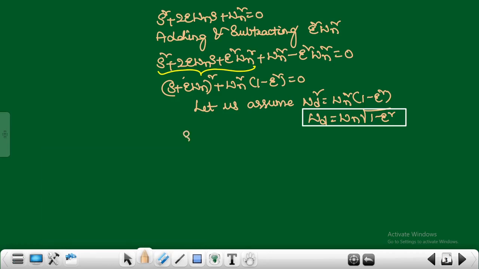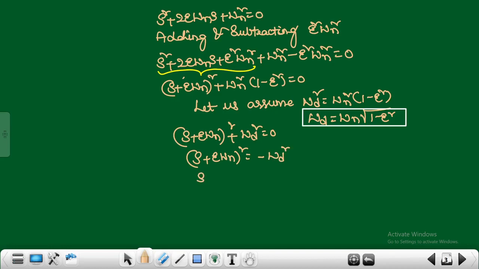Now you come back here, s plus zeta omega n whole square plus omega d square is equal to 0. So s plus zeta omega n whole square is equal to minus omega d square.